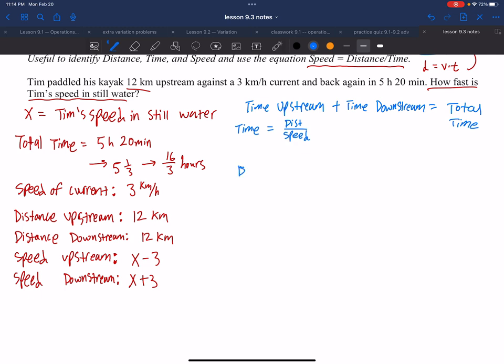His distance up divided by his speed up plus his distance downstream divided by his speed downstream equals the total time spent, which would be total distance over what?